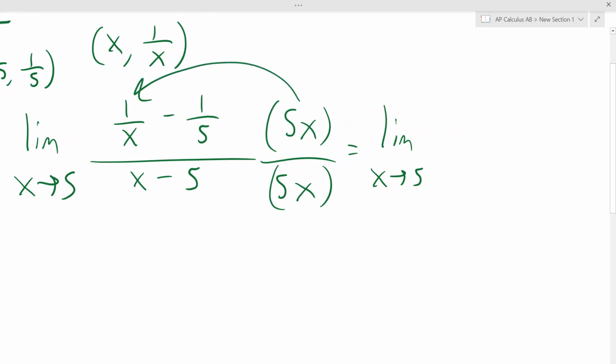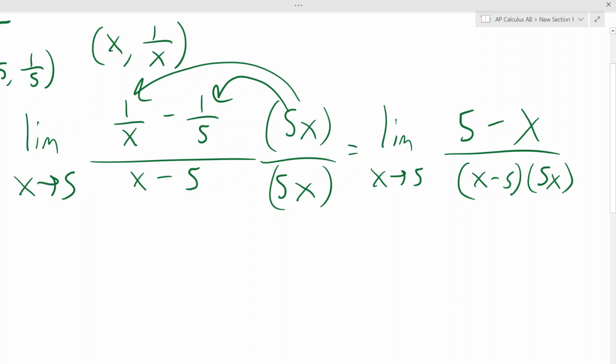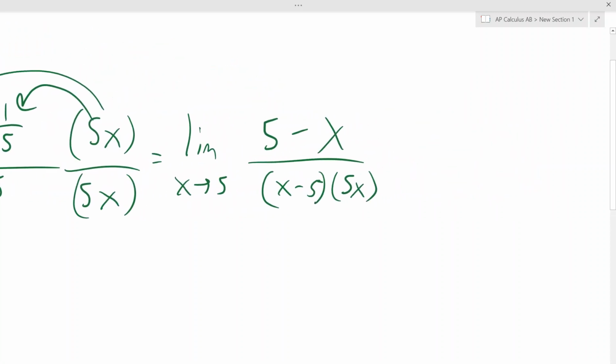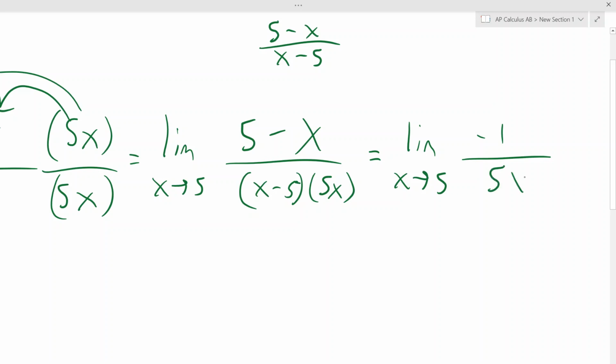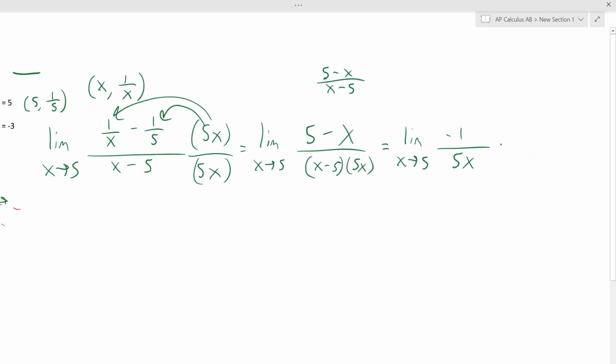When you multiply this to here, the x's cancel, so we have 5 minus x over x minus 5 times 5x, multiplying to here, the 5's cancel. And what we said in class 2, if you remember, is that 5 minus x over the x minus 5, they don't cancel outright, but they are going to cancel each other. They leave a negative there. So this becomes the limit as x approaches 5 of negative 1 over 5x. And if you drop 5 into that, so you're seeing what's happened as we approach 5, you're going to find out that it's negative 1/25.